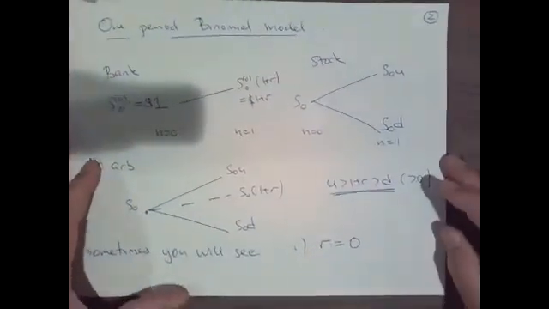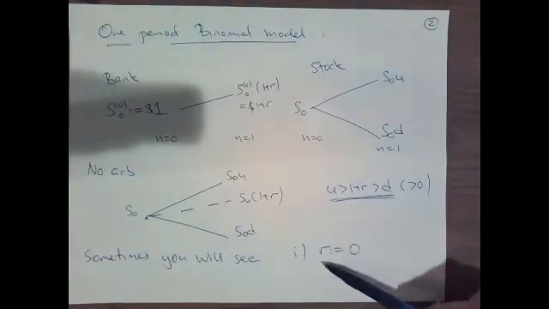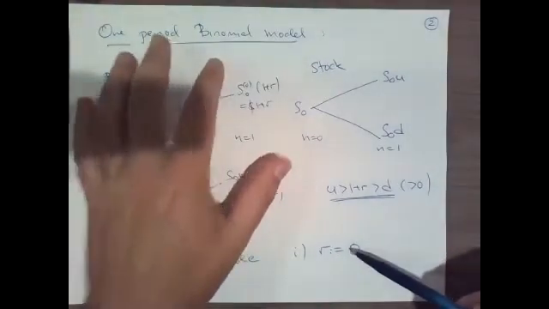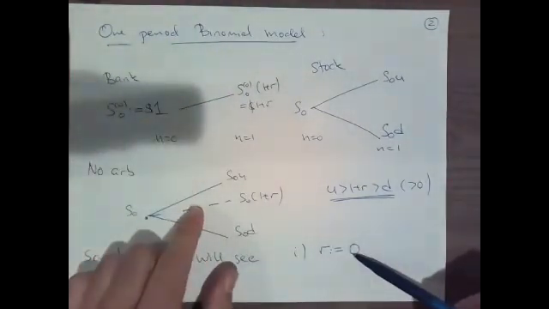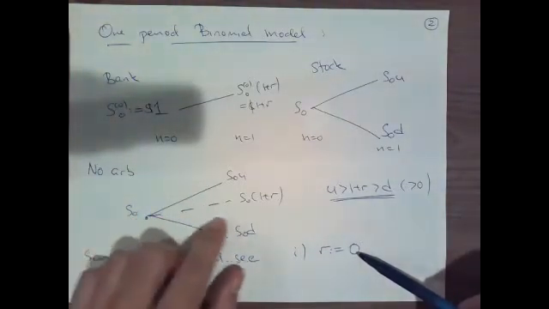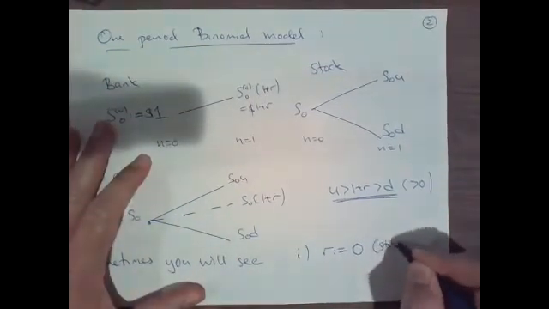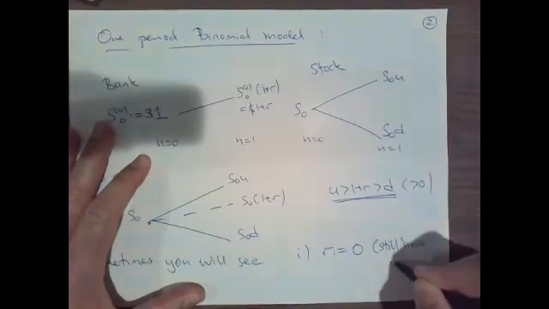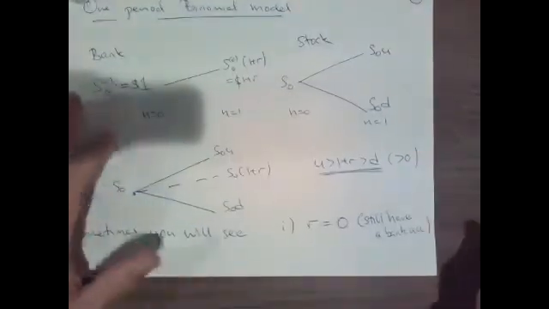I have seen in the past that some students might be thinking that when R is equal to 0, it means that there's no bank. We still have a bank account. We still have the middle leg here, even though R is equal to 0. What it means is that that middle leg is just completely flat. It's horizontal. So we still have a bank account.